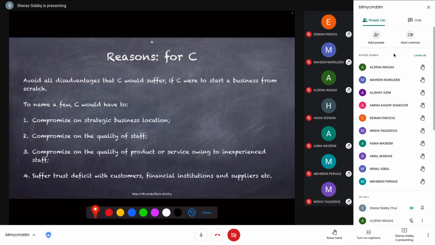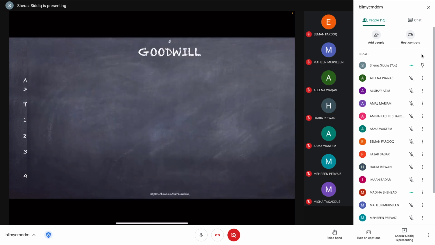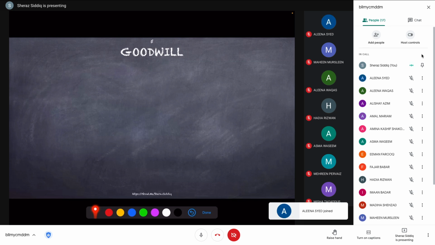Okay, shall we move ahead then. Okay, lower the hands, and now we will see. So all of these points that we mentioned can sum up to a single term called goodwill. A newborn business will have to struggle a lot, and it has to go through a number of years of hardships to earn goodwill, right?